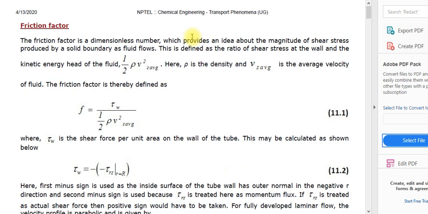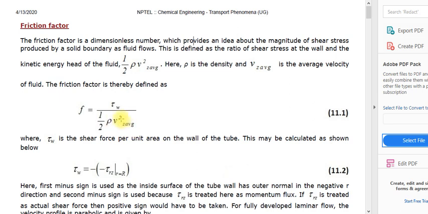Friction factor is the ratio of the shear stress at the wall to the kinetic energy head, that is 1 by 2 rho v average square. So friction factor is defined as tau w upon 1 by 2 rho v average square.